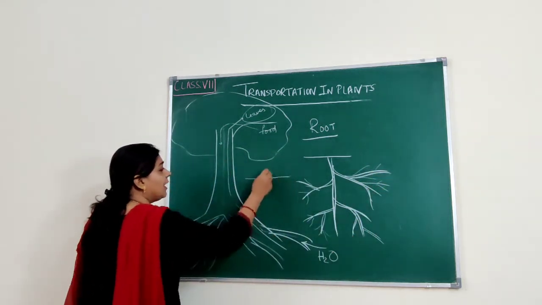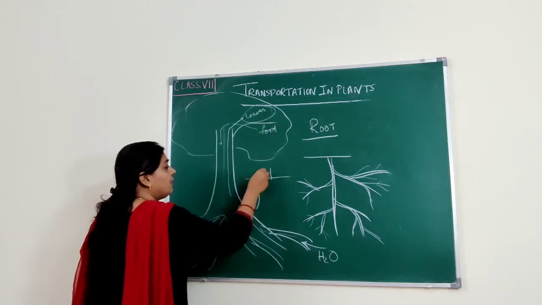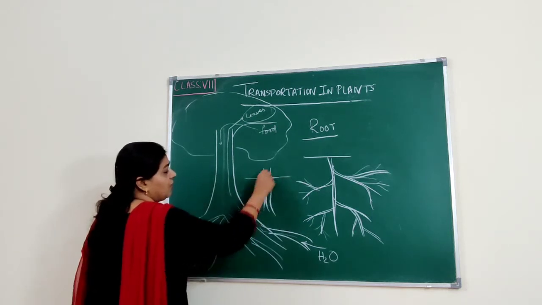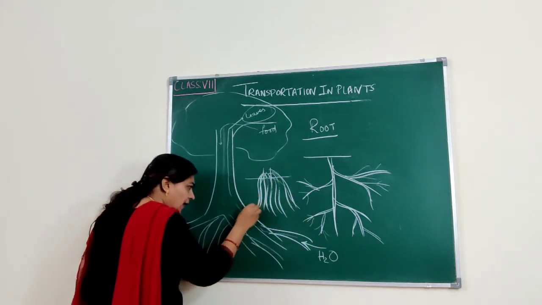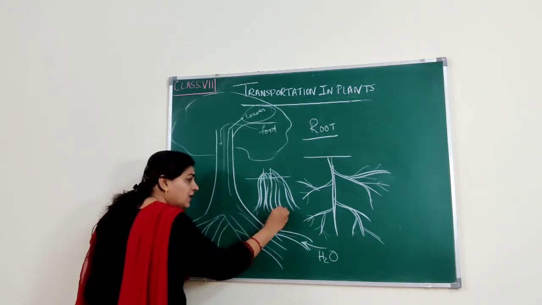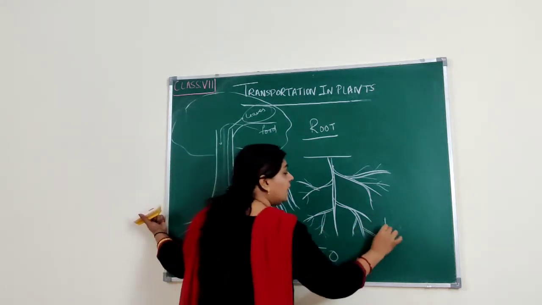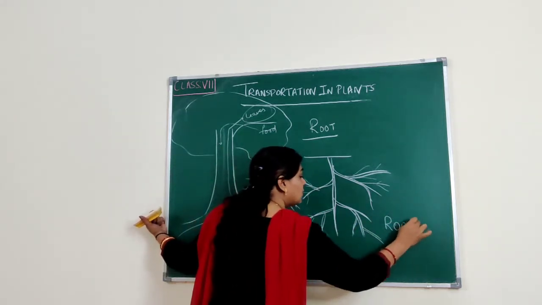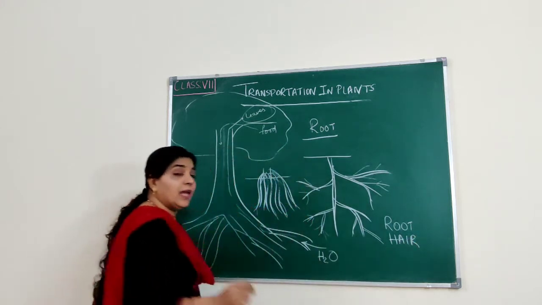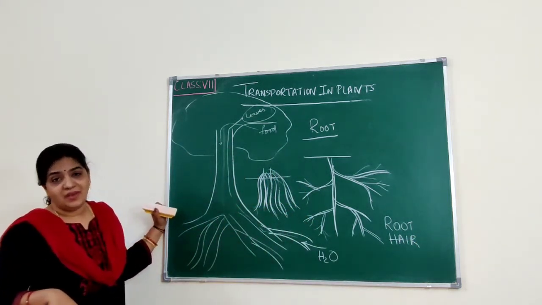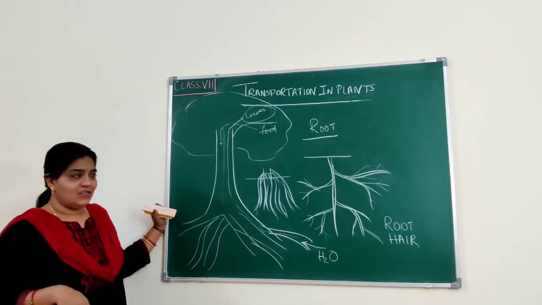If it is a fibrous root, if it is a fibrous root means what? This is a fibrous root. Okay, so even these will also have tiny hair-like structures. This tiny hair-like structure is called root hair. It is the root hair which will help in absorbing water from the soil.